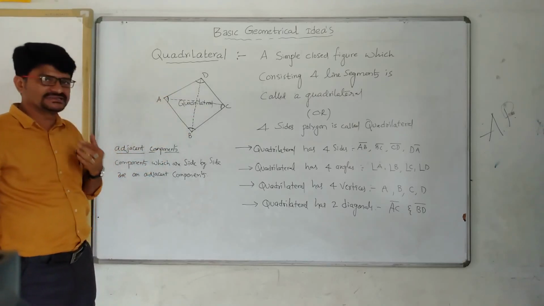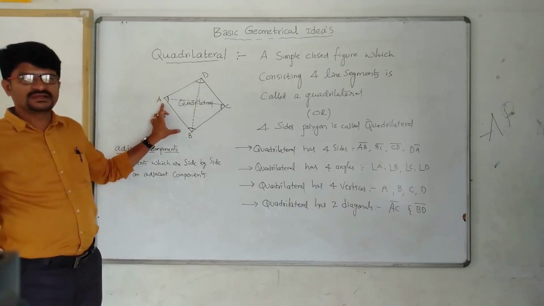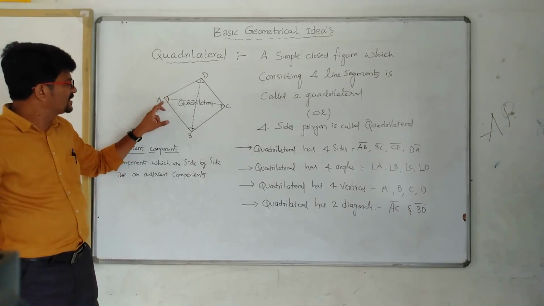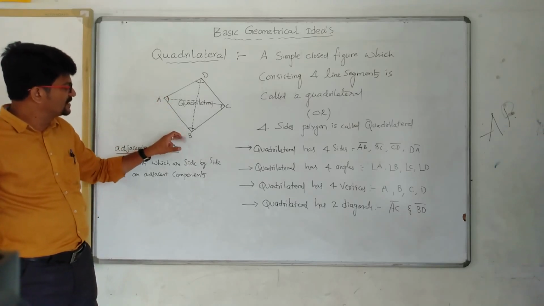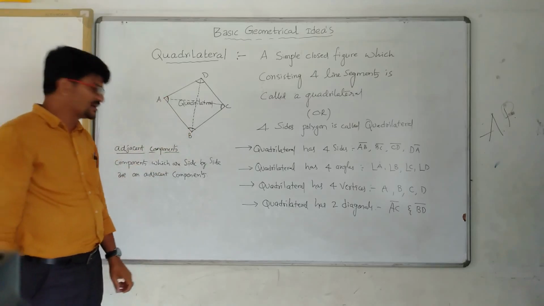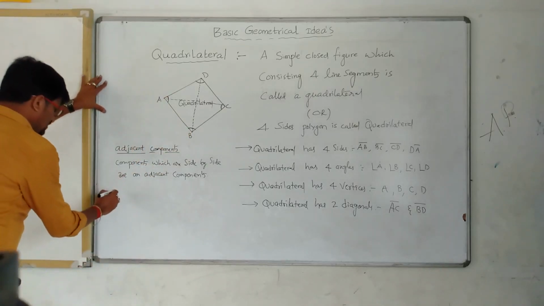For angles, one line segment should be common. For example, angle A and angle B: AB is the common line segment. Okay, I'll give you one example here.